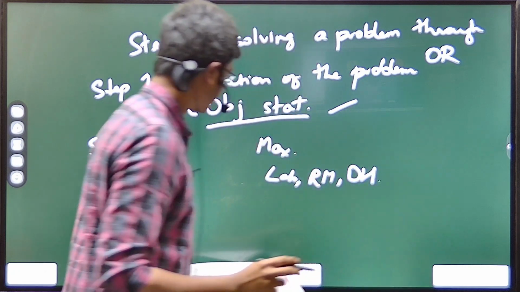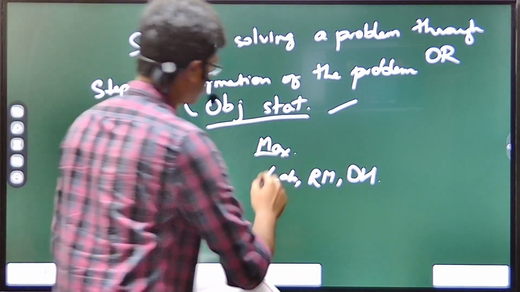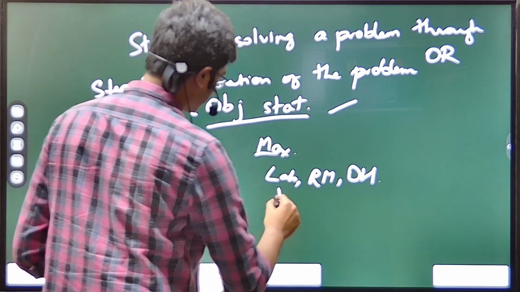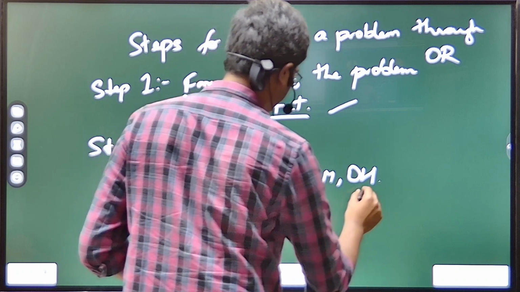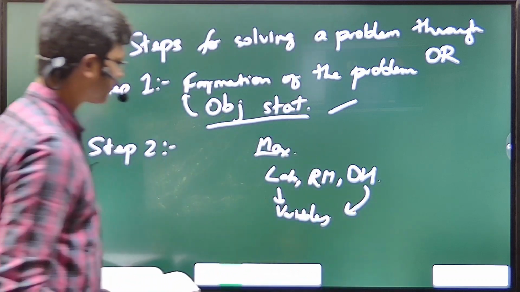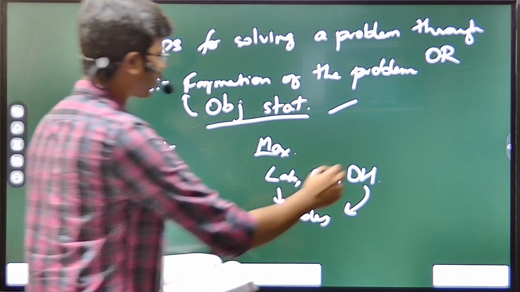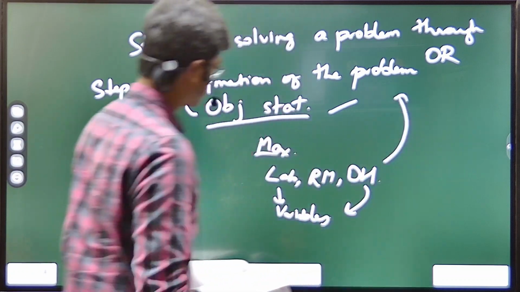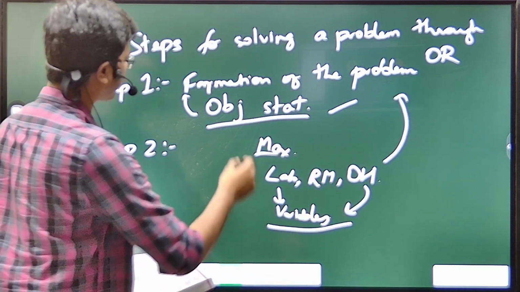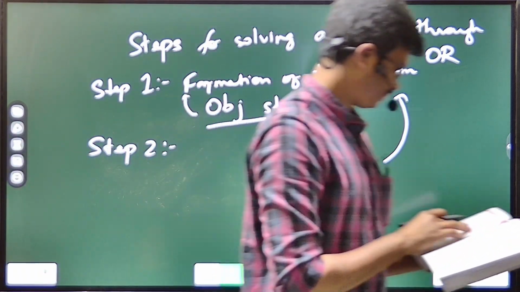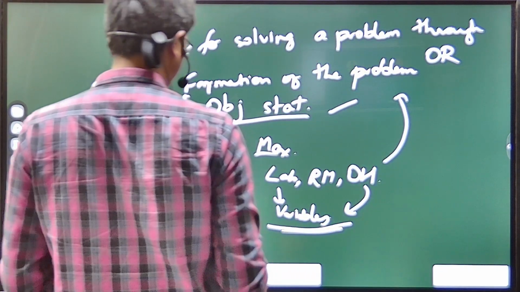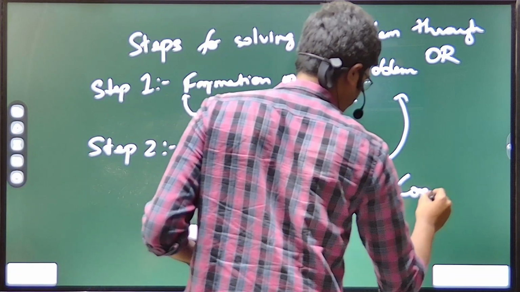These become your variables, all the variables that are related to our main problem statement. We have to formulate the problem using these variables. These are also called constraints.